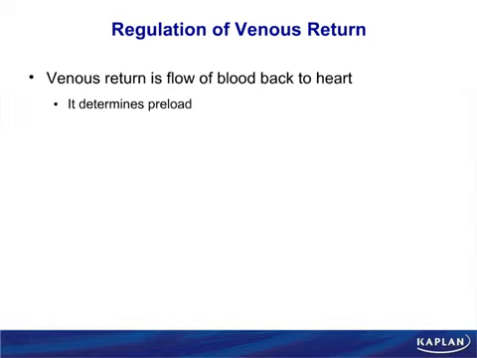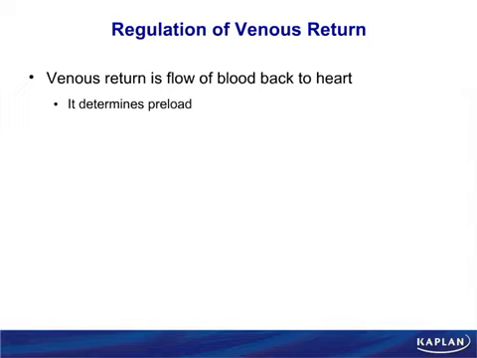The reason this is so important is because venous return determines preload. I want you to put that in your mind and just sear it in, tattoo it to your brain. Venous return determines preload.